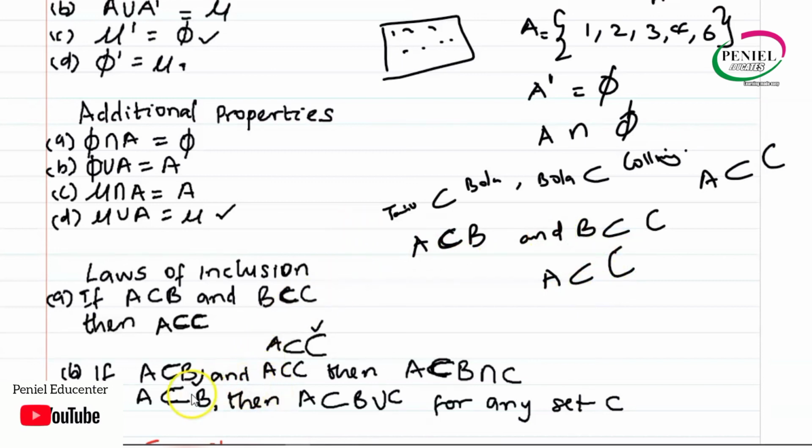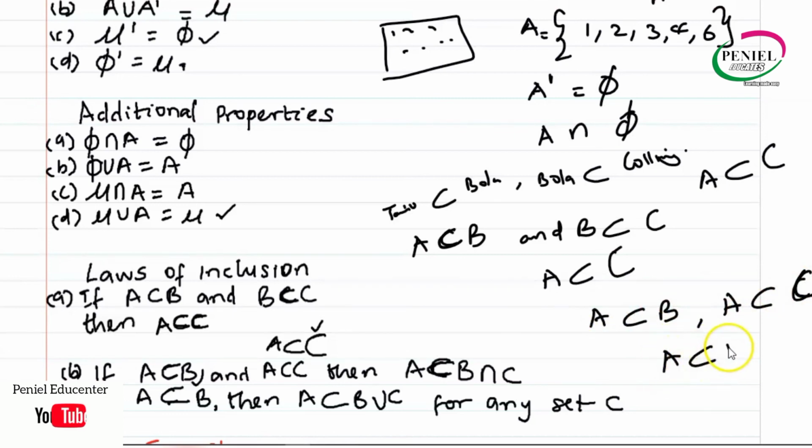And another one is if A is a subset of B and A is a subset of C, then that means A is a subset of B intersect C. Alright, A is a subset of B intersect C.